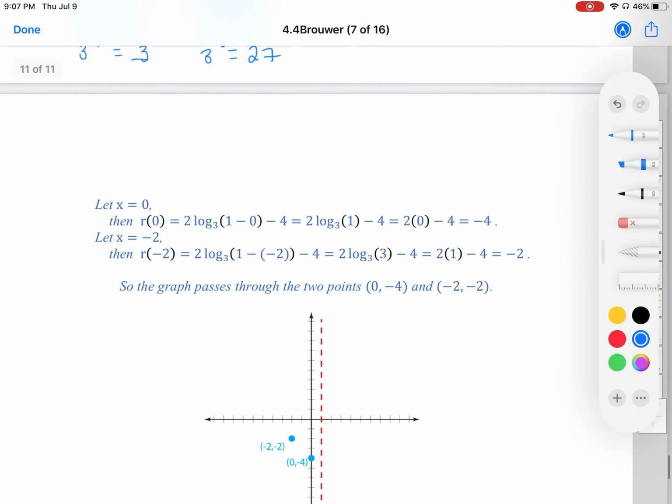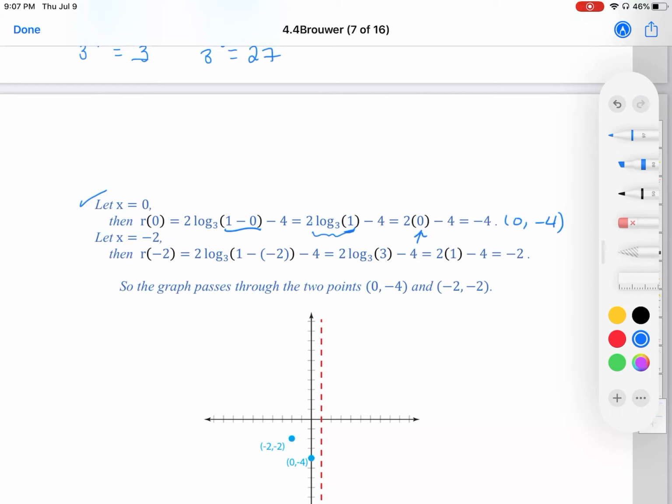All right, if we let x be 0, we get 1 minus 0. We again return 1. So I have 2 times log base 3 of 1, minus 4. Log base 3 of 1 is 0. So I have 2 times 0 minus 4, which is equal to negative 4. So I have the point 0, comma negative 4.